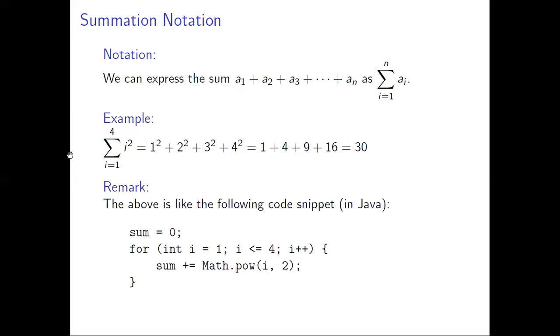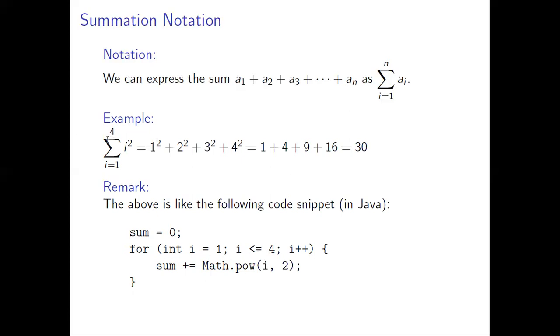So an interesting thing to note is that what we're really doing here is doing a for loop, right? The above, meaning this example, is like the following code snippet in Java. So we start with sum is 0. It's our variable for storing the sum. And we have a for loop, for int i equals 1. So start from i equals 1, as we see here. i is less than or equal to 4.